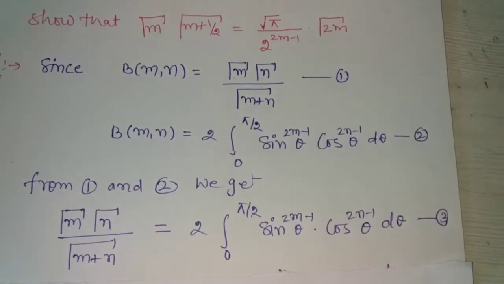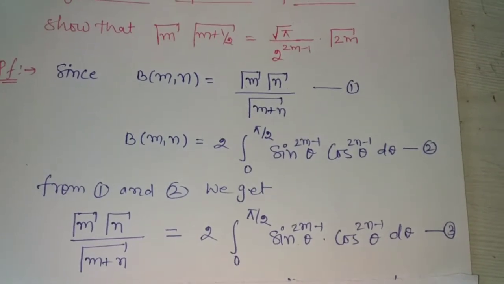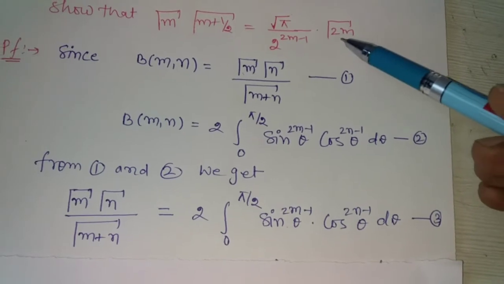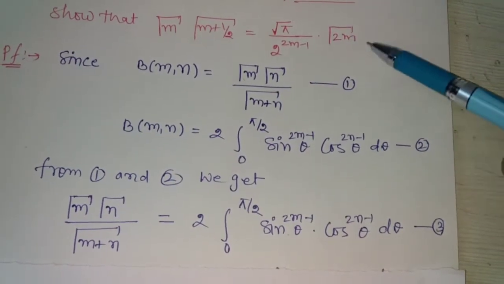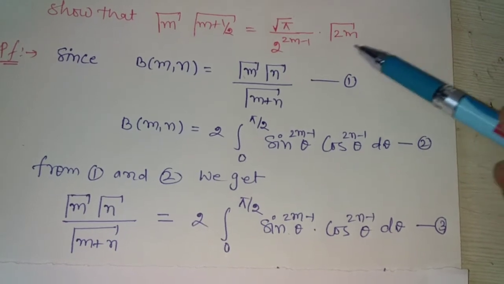Now this is the key relation to establish Legendre's duplication formula. Now look here, in this relation we require gamma 2m.